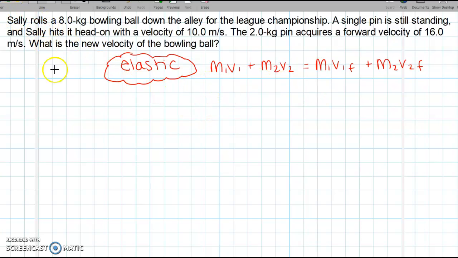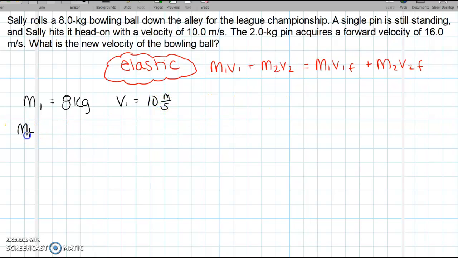So let's identify what we're given in the problem. I'm going to call M1 our bowling ball just because it's the first mass that we are shown. So that was 8 kilograms. A single pin is still standing and Sally hits it head on with velocity of 10 meters per second, so our initial velocity is equal to 10 meters per second.